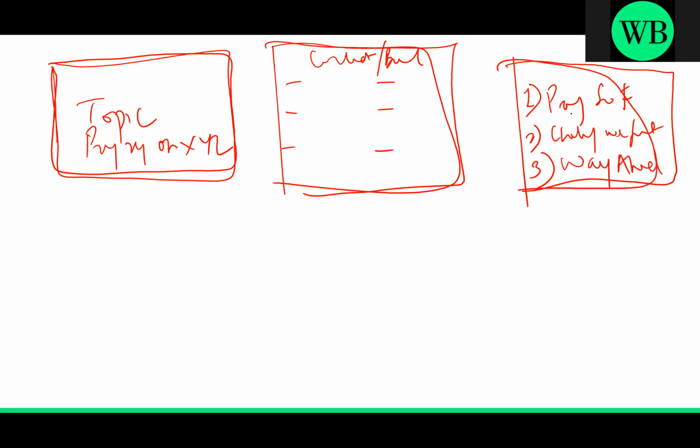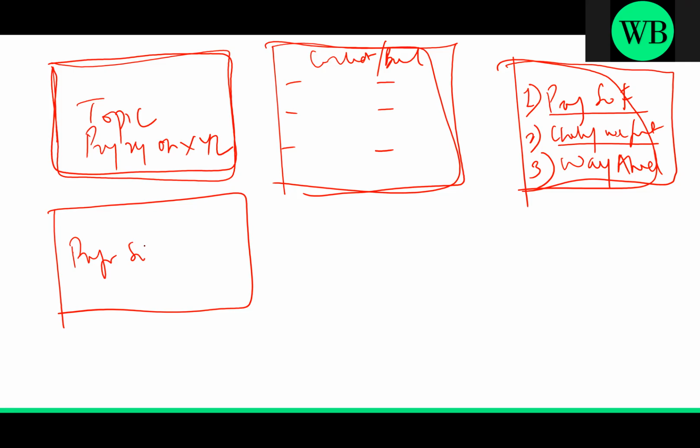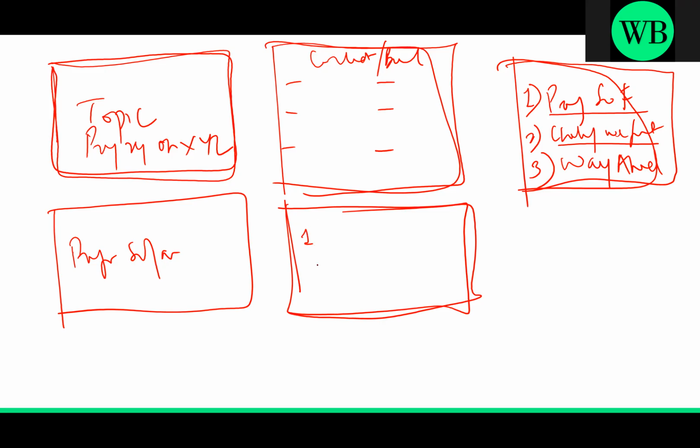So these are the three main parts of my presentation. I want to start my presentation with the progress so far, right? Now, then you give the key points of the progress that you've made so far.